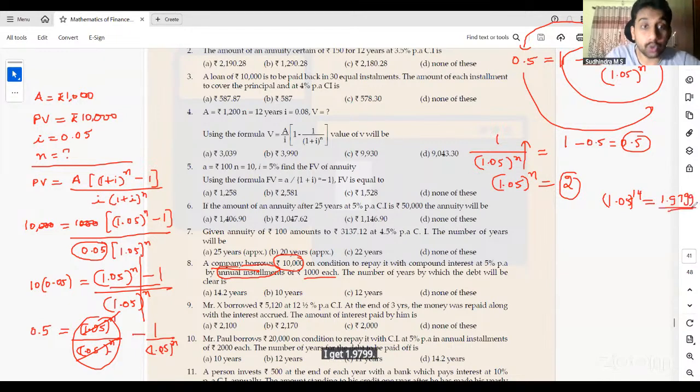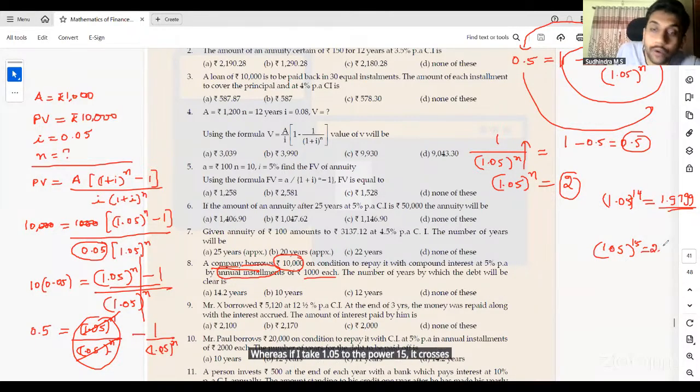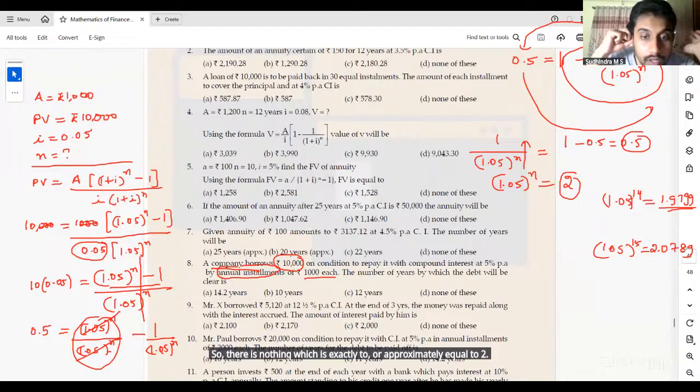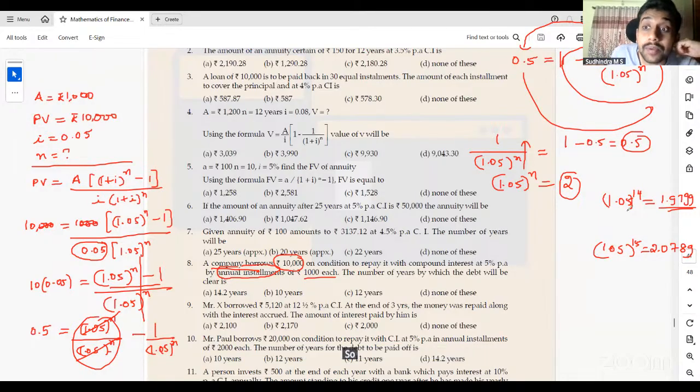This is not exactly 2, it is 1.98 something. Whereas 1.05 to the power 15 crosses 2, it is 2.0789. So it is in between 14 and 15.